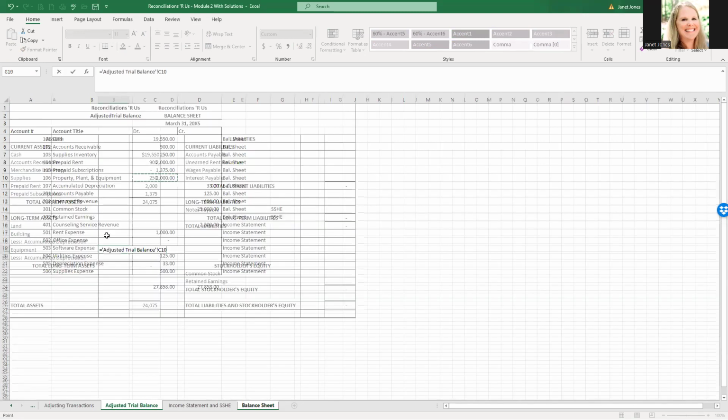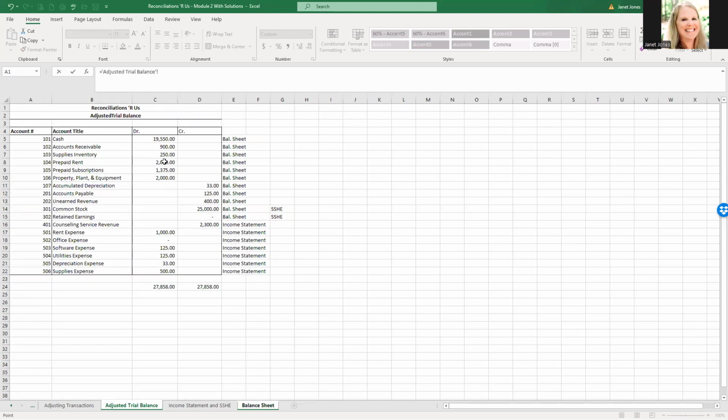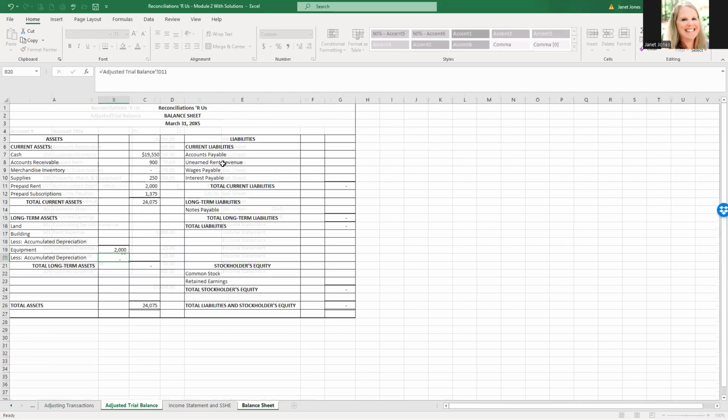And then we had our accumulated depreciation, which is going to be subtracted, of $33. So this is going to be a negative amount. And then we're going to have the net of these shown here to show that that's the amount that we have left. So our total assets are $26,042.